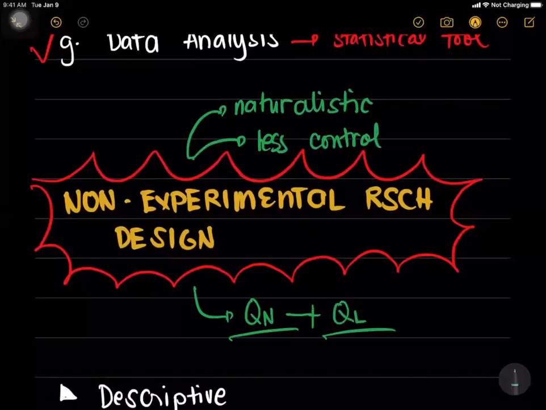You cannot experiment on qualitative data unless you are going to convert or assign a quantitative representation of your qualitative data. Exclusively, experimental research designs only deal with quantitative data. But in your non-experimental, you can deal with both quantitative and qualitative data.